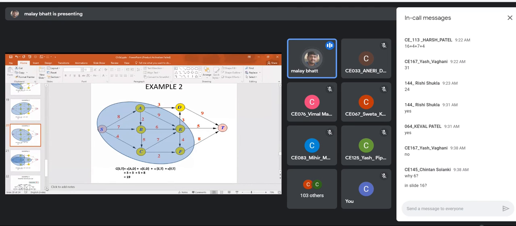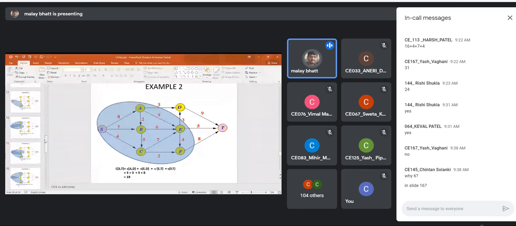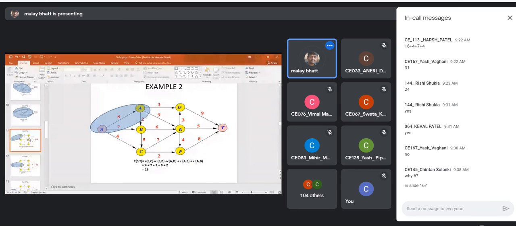Clear? So here also you can see that there are 2 possible cuts. One is this one, which is having a value 19. Another possible cut is only this. If you recall this, if I consider only this as a cut, you can see 8, 7, and 4. 8 plus 7, 15. 15 plus 4, 19.